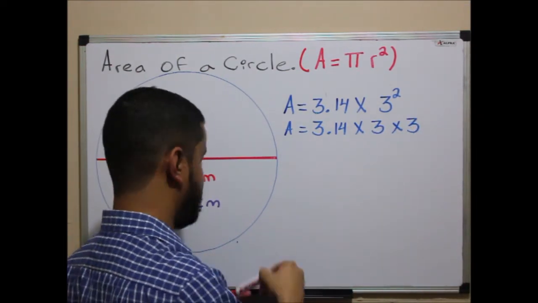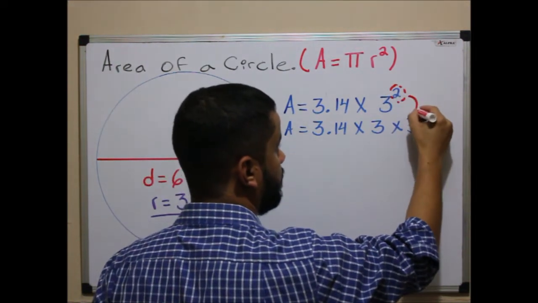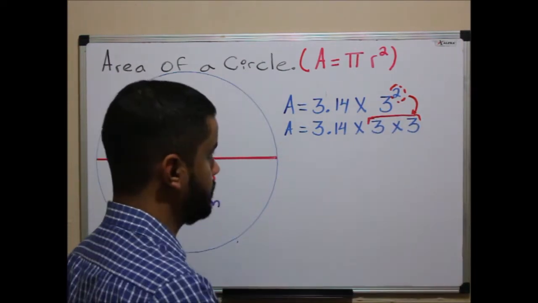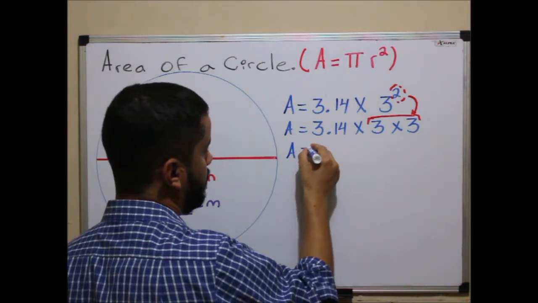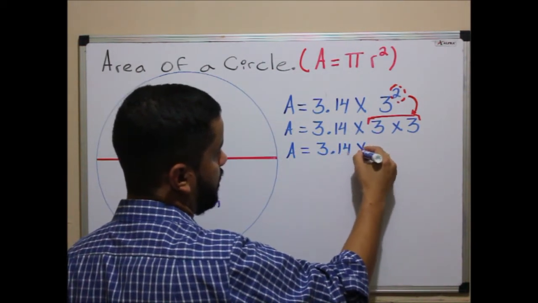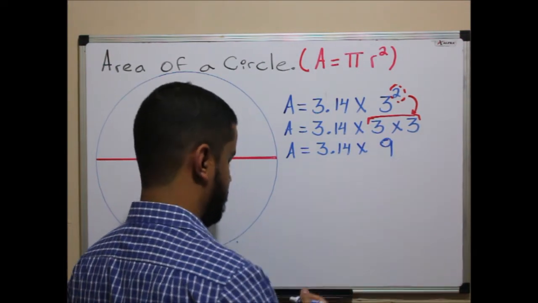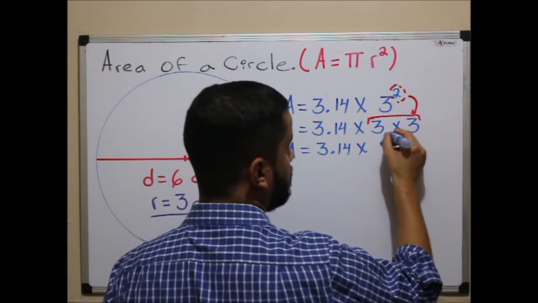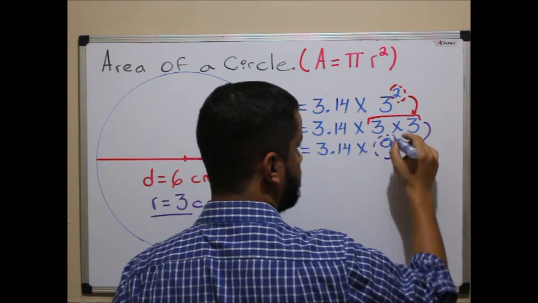Remember that the number 2 is represented in that way. So area will be equal to 3.14 times 3 times 3, which is 9. That comes from this part: 3 times 3 is 9.